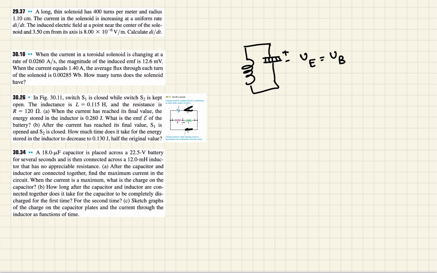So this becomes Q naught squared over 2C is equal to Li squared over 2. The 2's cancel nicely. We're solving for I, so we divide both sides by L and take the square root. So the square root of Q naught squared over LC.